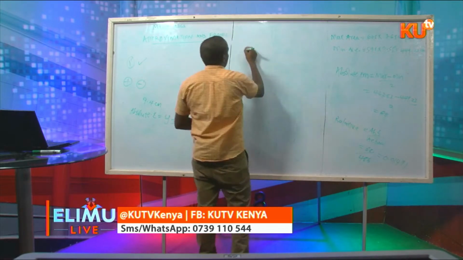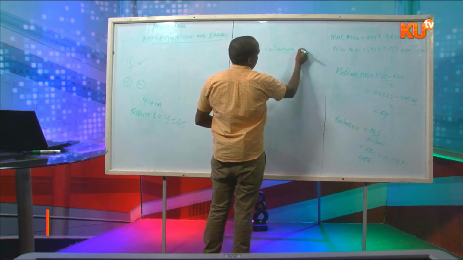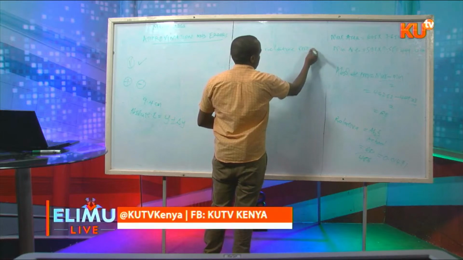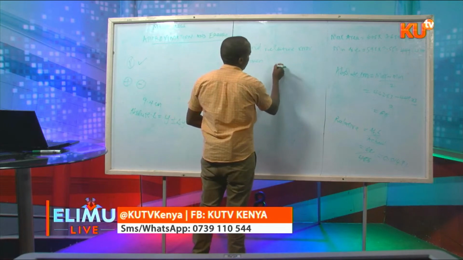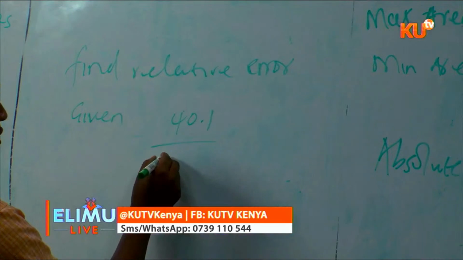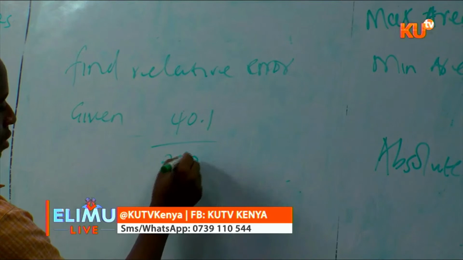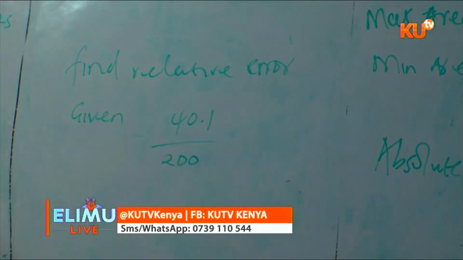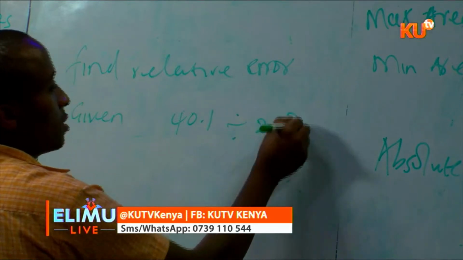Find the relative value for that sum. So given the amount, all divided by 200.